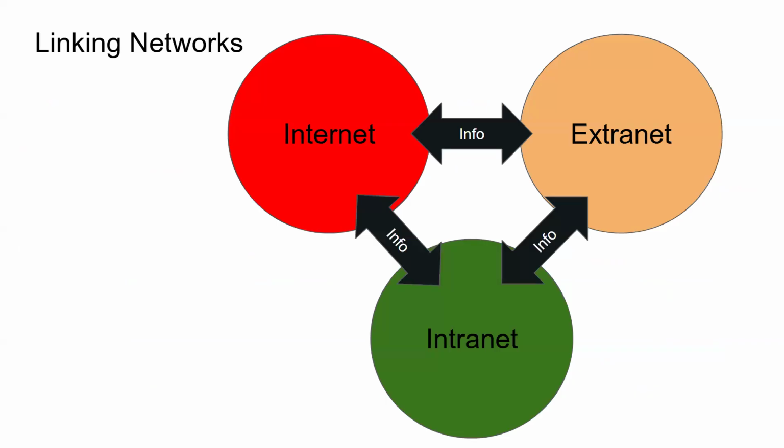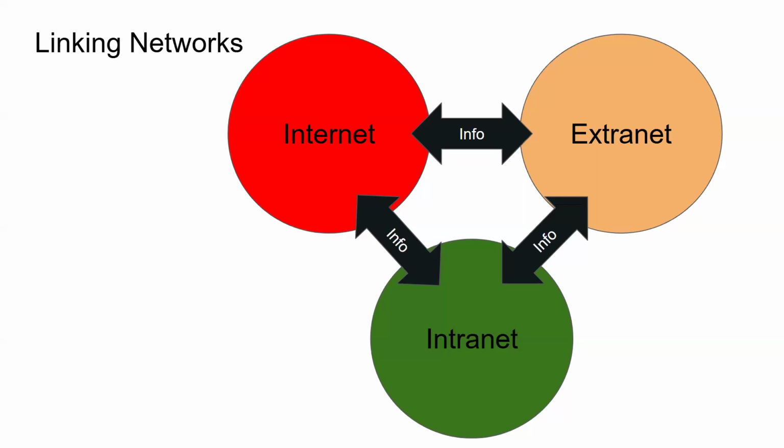Therefore, I think you can understand it. Now here, in a government project, we can link these three types of networks. The internet sometimes sends and gets information from the extranet, and also the internet sometimes gets and sends information to the intranet, and there may also be a link between the intranet and extranet, right?